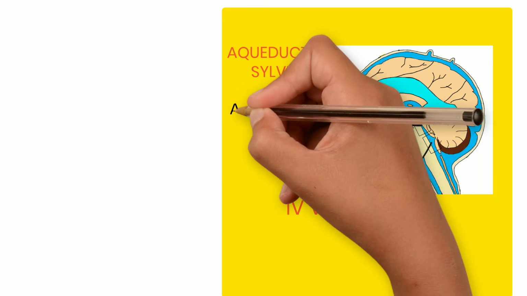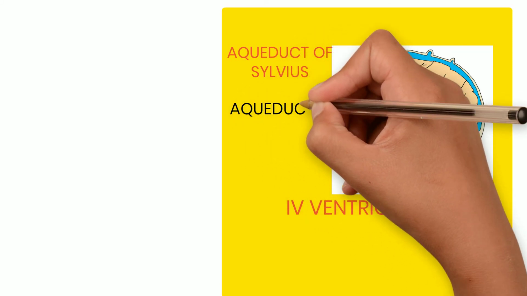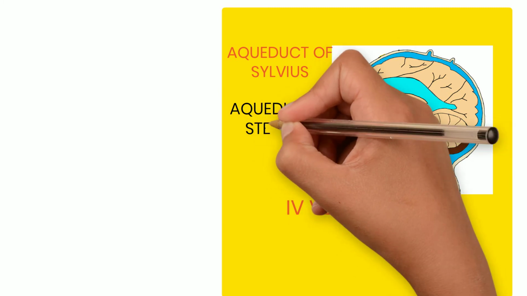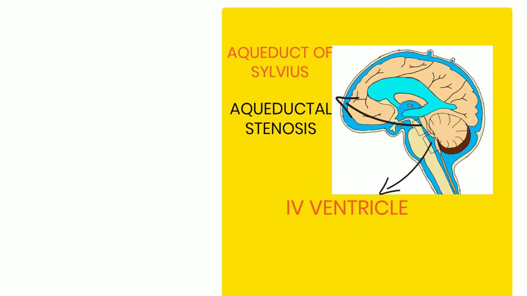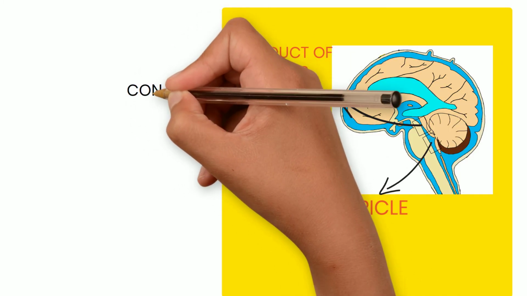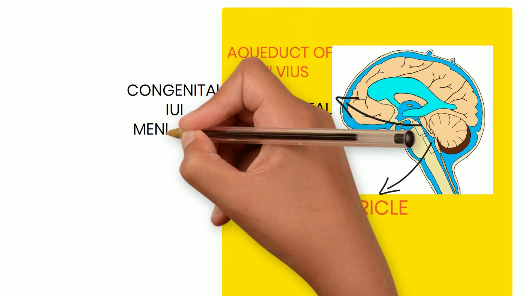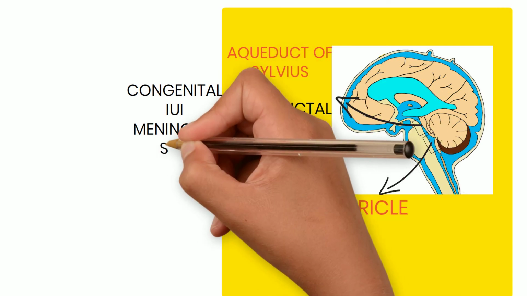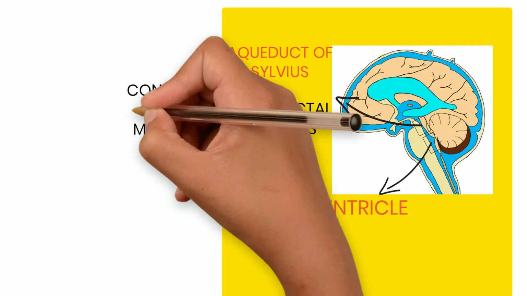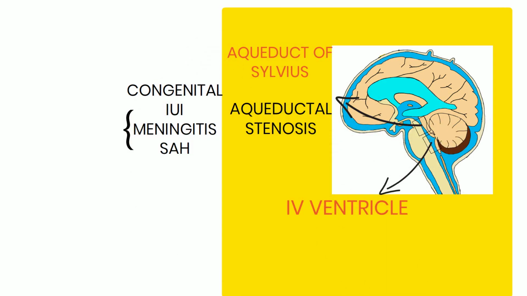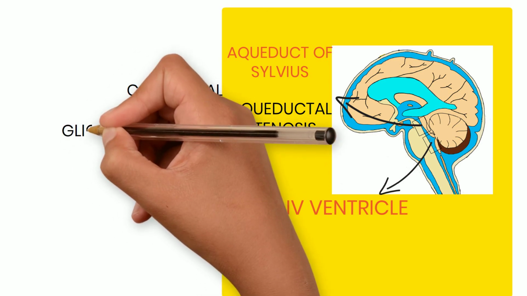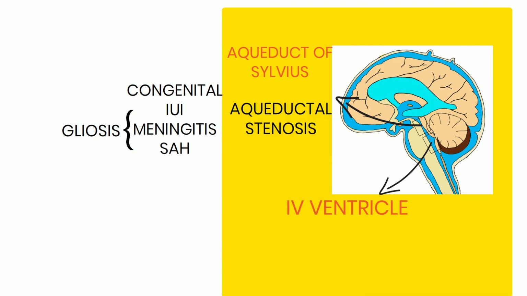At the level of the aqueduct of Sylvius, the common cause is aqueductal stenosis. Causes of this aqueductal stenosis can be either congenital or intrauterine viral infections, neonatal meningitis, or subarachnoid hemorrhage. These three may result in brisk glial response and resultant gliosis, thereby resulting in stenosis.